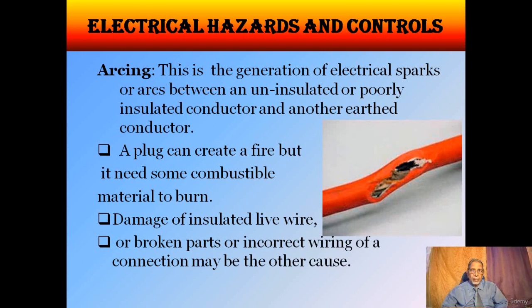A plug can create a fire, but it needs some combustible material to burn. Damage of insulated wire can create fire, or that is arc, or broken parts or incorrect wiring of a connection may be other causes of fire.